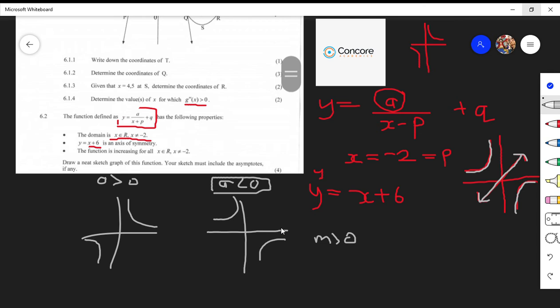Whenever your a value is positive, your gradient for your axis of symmetry will be negative. Whenever your a value is negative, the gradient for the axis of symmetry will be positive. Does that make sense? It's always opposite. So this will have a positive gradient for its axis of symmetry, and this will have a negative gradient, so m less than 0. Okay, cool.